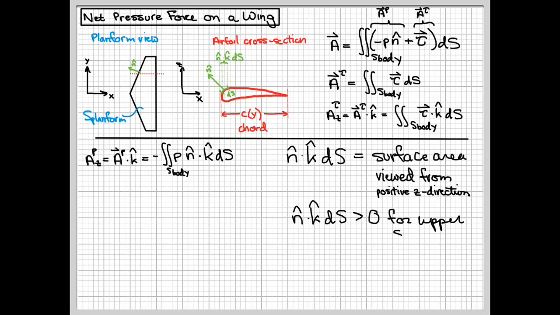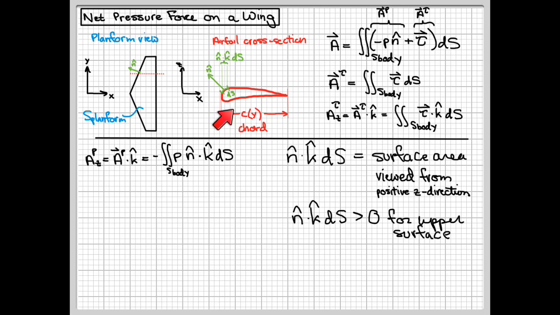Right, so n hat dot k hat ds is the surface area viewed from the positive z direction. It's greater than 0 for the upper surface, because n hat will be oriented roughly in the k hat direction. And if I look from below, because n hat will be pointed generally downwards in the negative k direction, the lower surface will have a negative value.